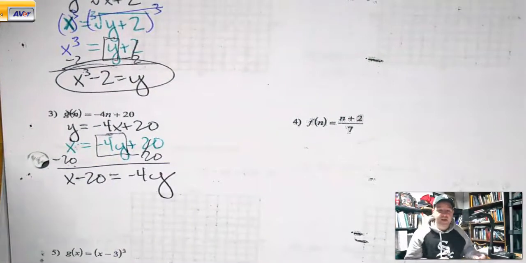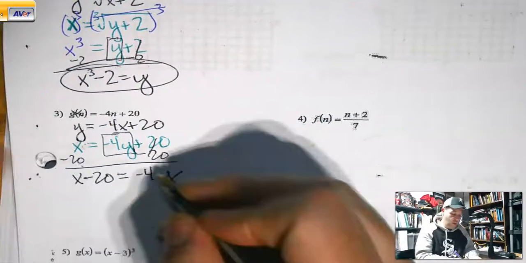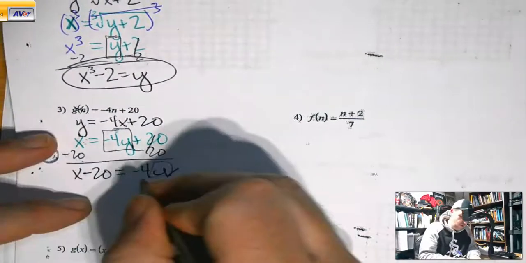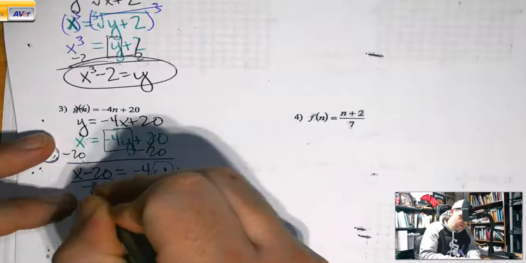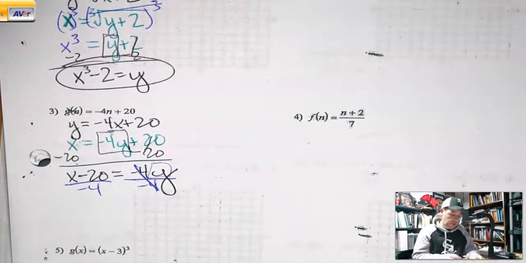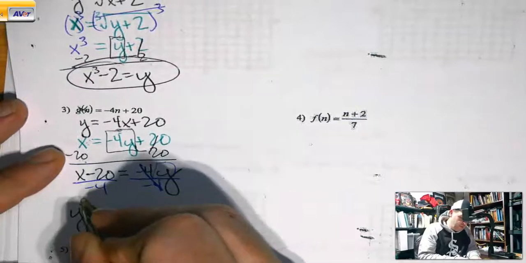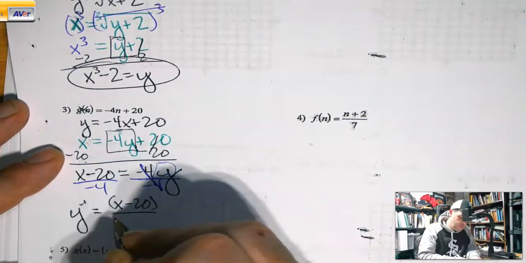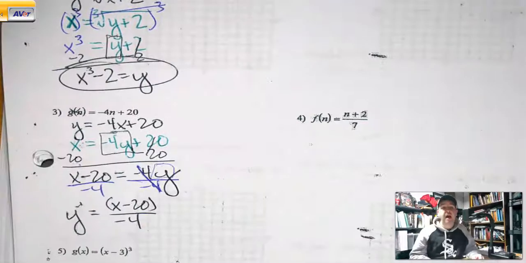And as I mentioned back in the lesson before, at this point, my last step to get y alone would be to do the opposite of multiply by negative 4, which is to divide. Now, if all you're being asked is to find the inverse, like you are here, I have no problem with you just leaving it like this.